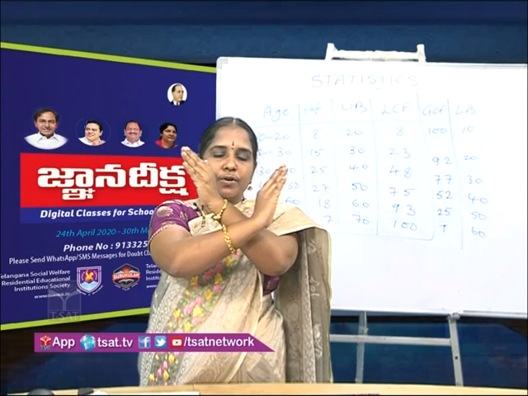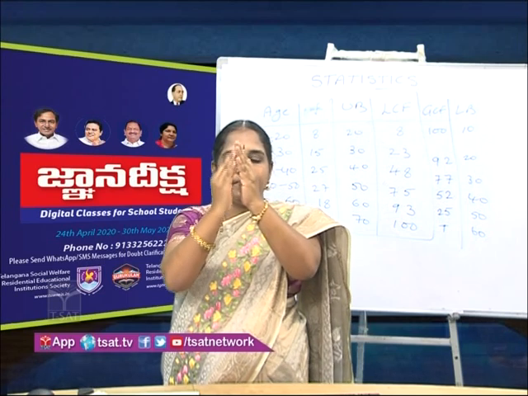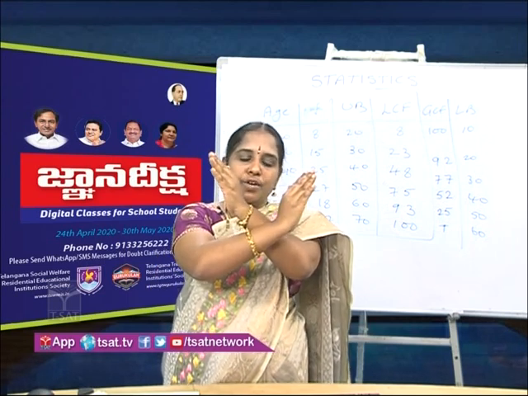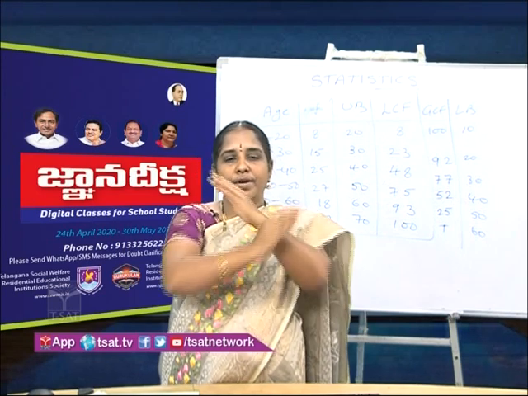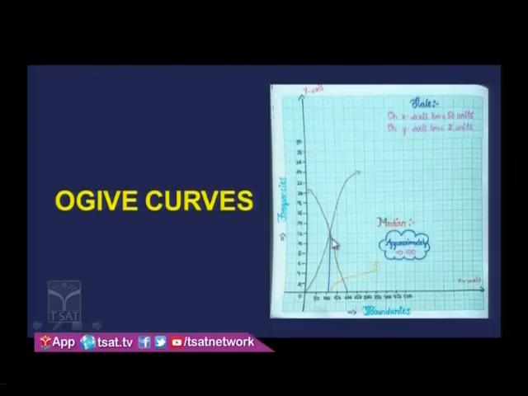So if you draw both like this, they intersect at some point. Both the graphs individually we have drawn, LCF and GCF separately. If you draw both of them in the same graph paper, you will get like this, isn't it? So from the point of intersection, you can see this slide here. From the point of intersection, if you draw a perpendicular to the x-axis, wherever it meets the x-axis, that particular value is called median.